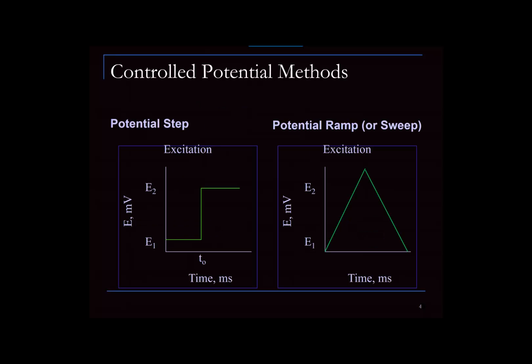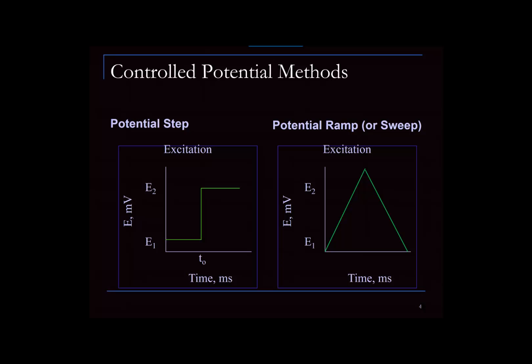Last time we talked about two examples of controlled potential methods, two examples of potential step methods. These were chronoamperometry and chronocoulometry.